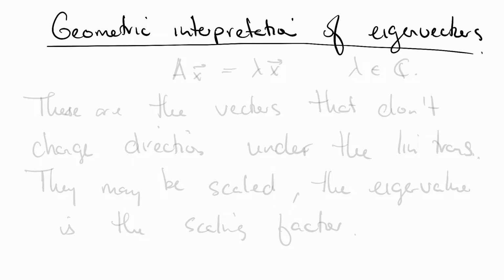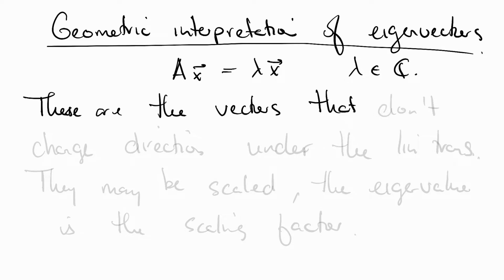All right, so we have Ax is equal to lambda x, where lambda is probably some complex number. These are the vectors that don't change direction under the linear transformation.